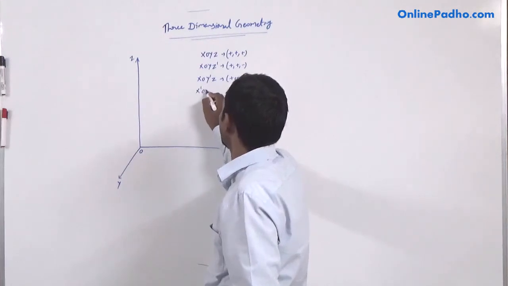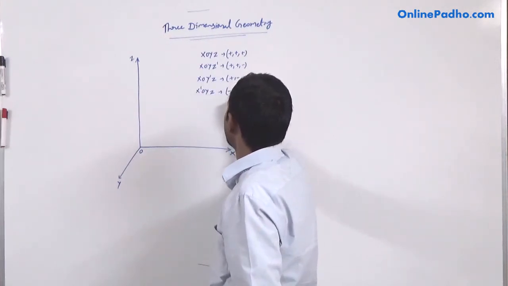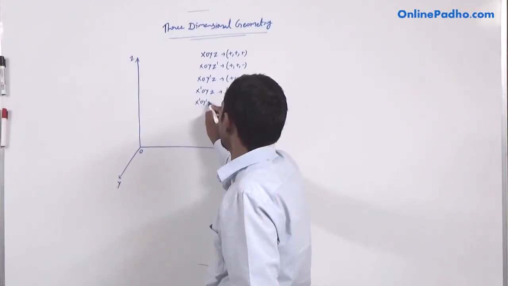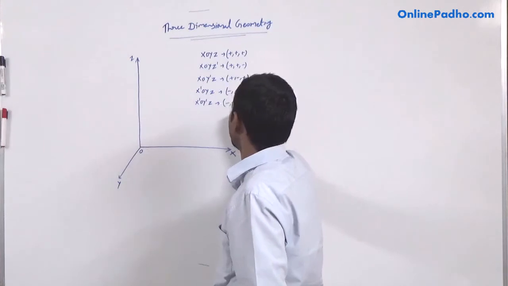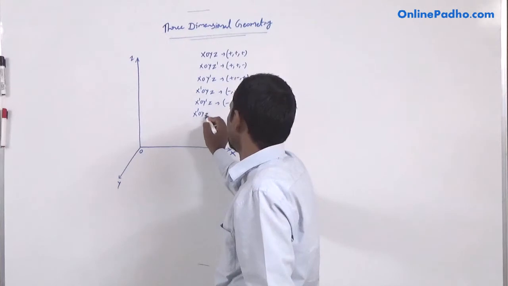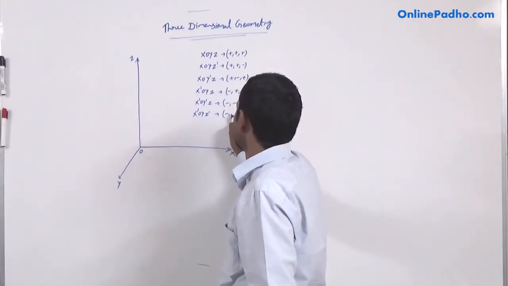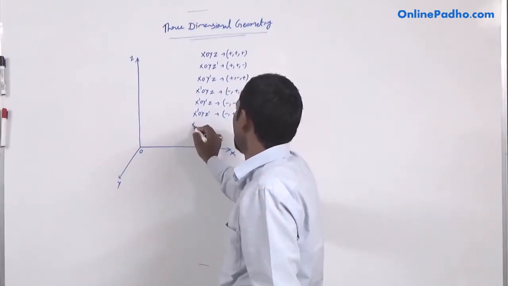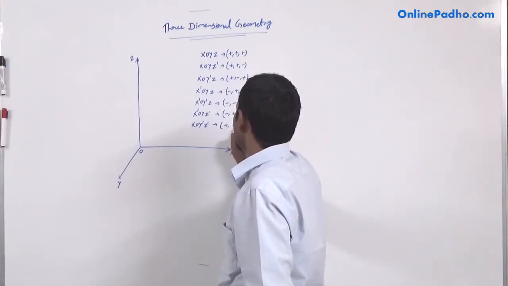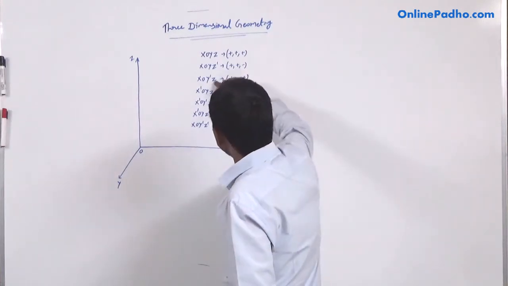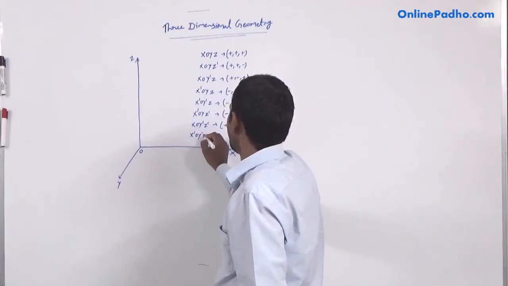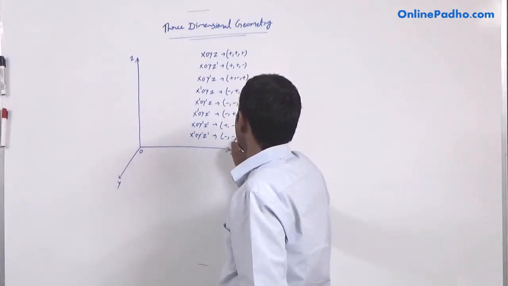If you have X'OYZ, we can say x negative and y and z positive. X'OY'Z means x and y both are negative, z positive. If we have X'OYZ', negative, positive, and negative. If we have XOY'Z', x is positive and y and z are negative. And the last one will be all 3 negative. So these 8 are the octants.